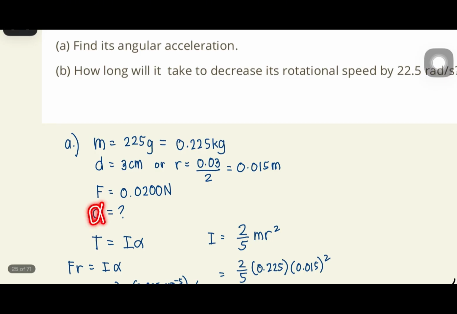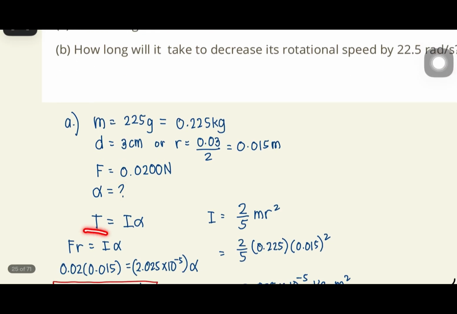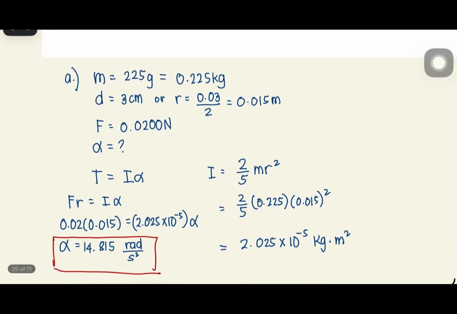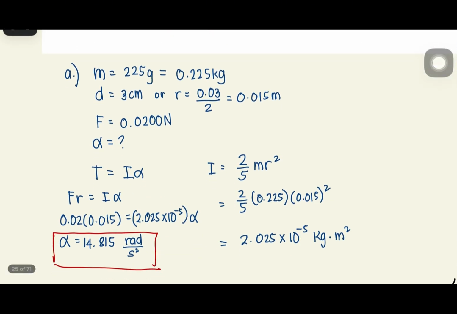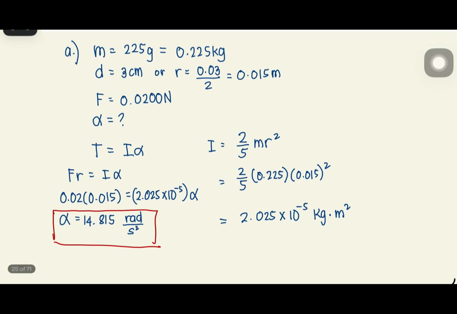And to solve for part A, the angular acceleration, kailangan natin gamitin yung Newton's second law for rotation. Na yung torque dito mag-equate din sa force times the distance is equal to I times alpha.